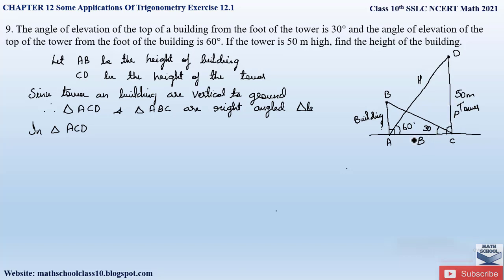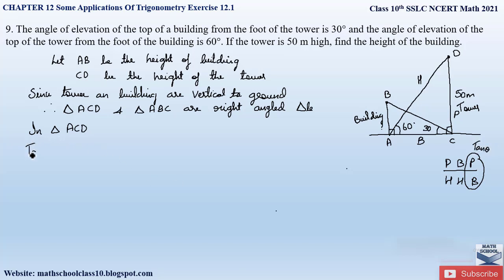So let us find out the base AC, since this base AC is common to both the right angle triangles. The trigonometric ratio formed by perpendicular by base is given by tan.